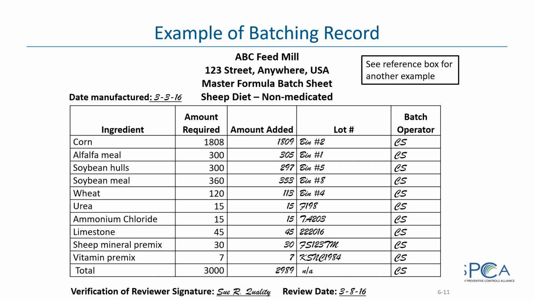And then at the end here, we're going to come back to this idea a little bit later also, this is the PCQI that reviews these records as part of a verification activity. So that's an example of a monitoring record that's produced through monitoring a preventive control.